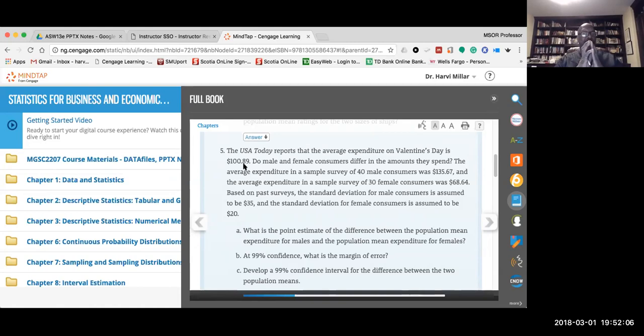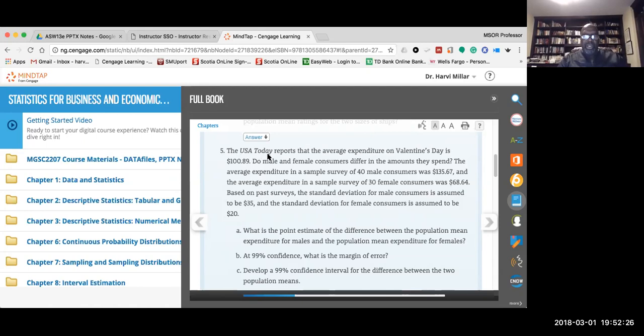One where sigma is known, one where sigma is unknown, and one where we have matched pairs. Being able to identify those 3 scenarios is important. So let's see what in this question tells us this is the first scenario, where sigma 1 and sigma 2 are known, and therefore we would use Z.